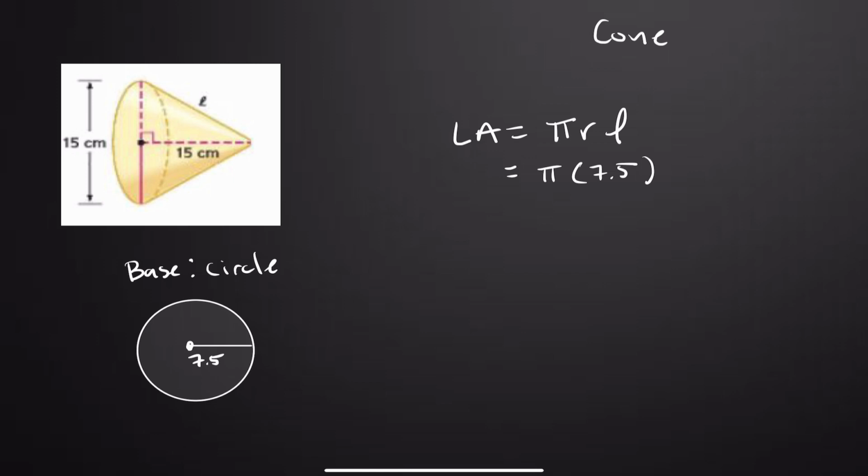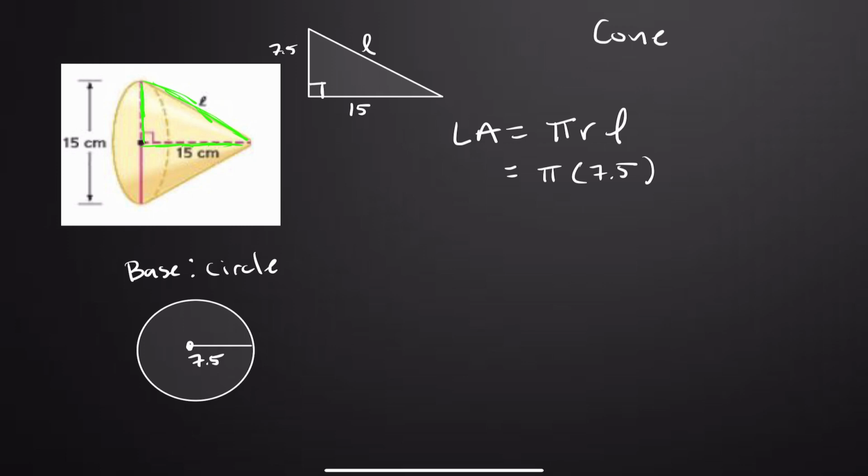Alright, so let me do this, because I can see we're dealing with a right triangle here. Okay, there we go. We have a right triangle, this is 15, and then from here to here, that should be 7.5, and this is the slant height. And I'm going to use the Pythagorean theorem to figure this all out.